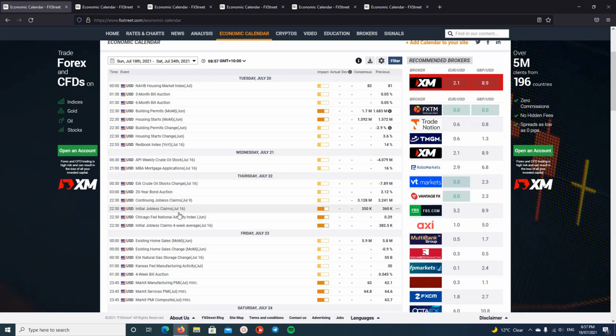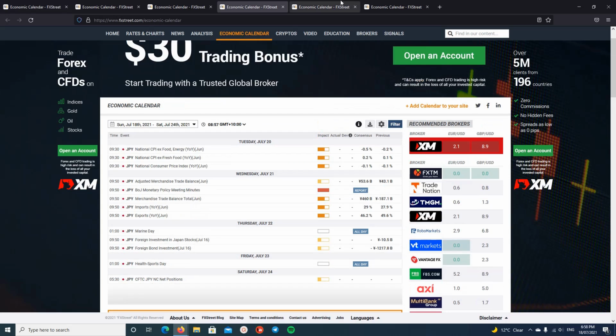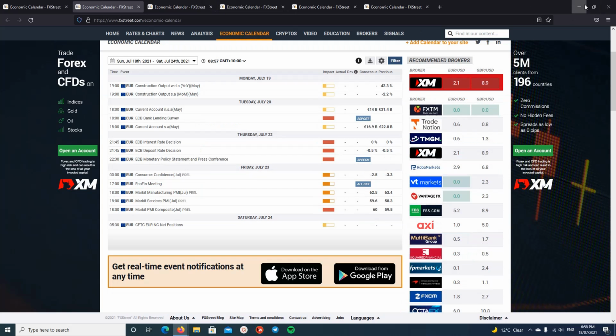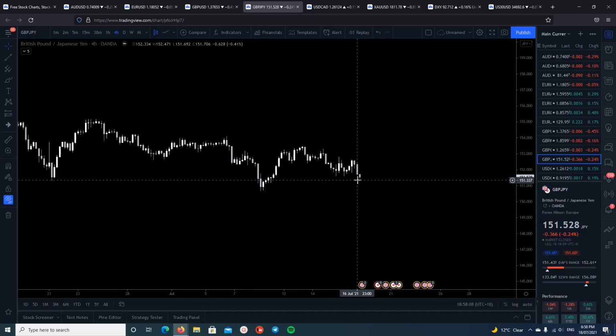If this is strong, then that's probably going to bring Dixie down a bit, because Dixie acts as a safe haven. If PMI data is still strong, we can definitely take some shorts on Dixie and get a short-term change in the sentiment.